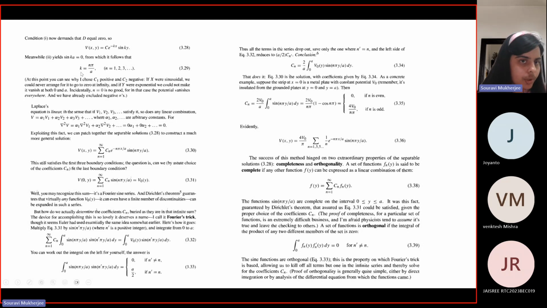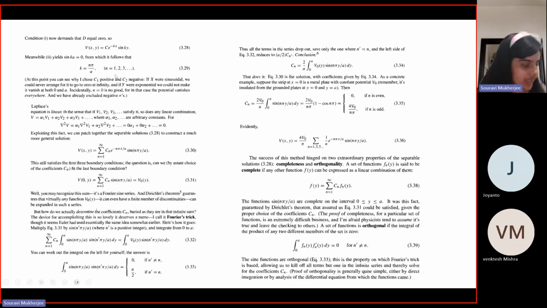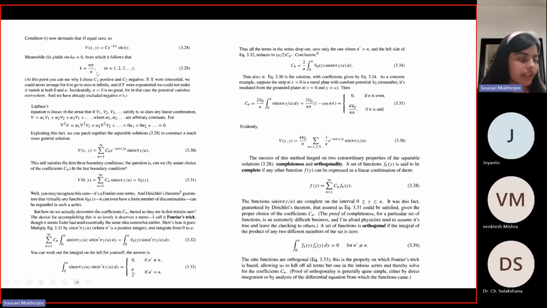That gives you the possible values of k, which is equal to n pi by a, where n can be any integer. So for whatever values of n, you can always write this. You can have sin(n pi y by a), like putting n equal to 1 or n equal to 2. Accordingly, you can get multiple solutions.